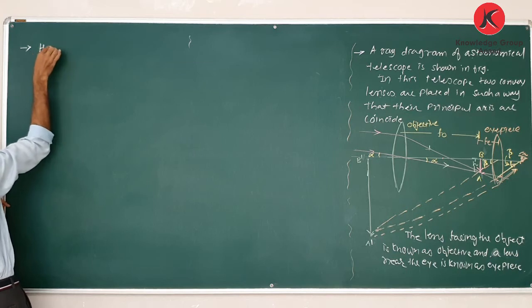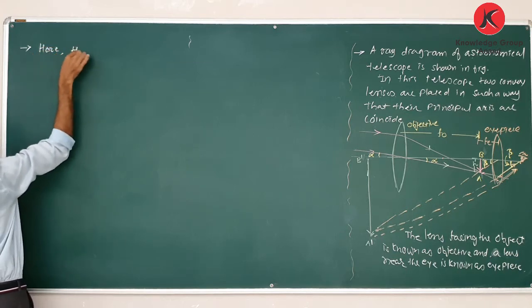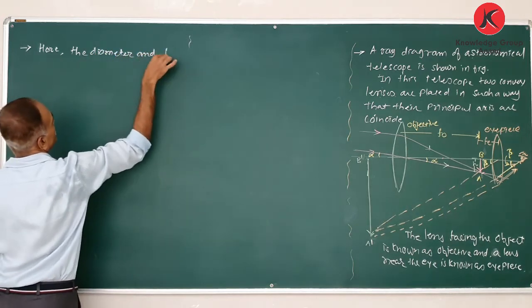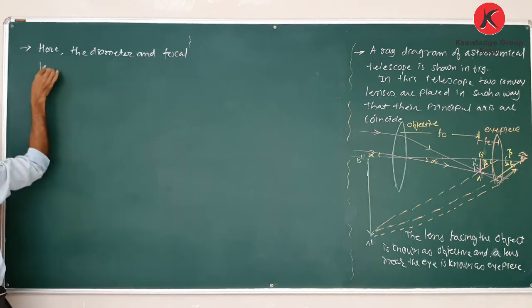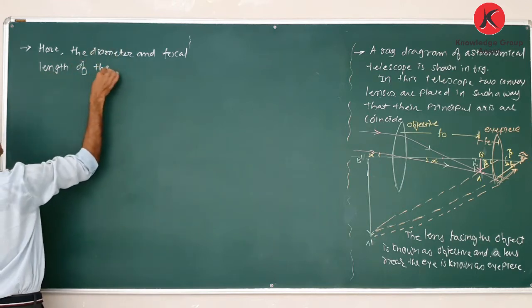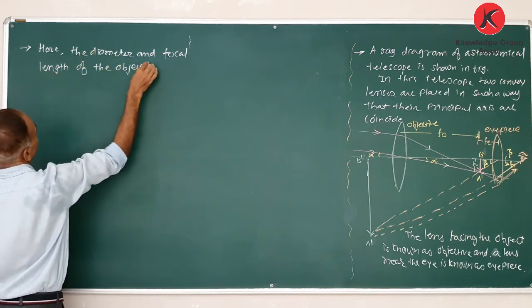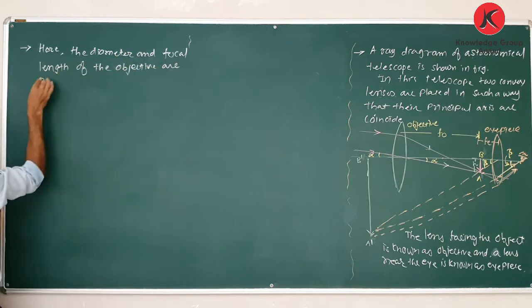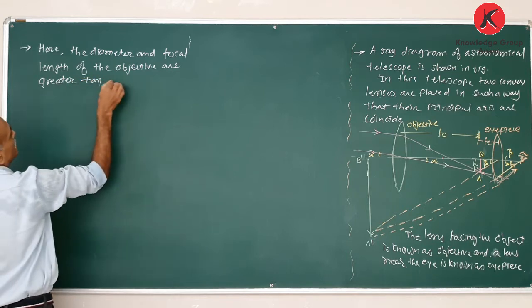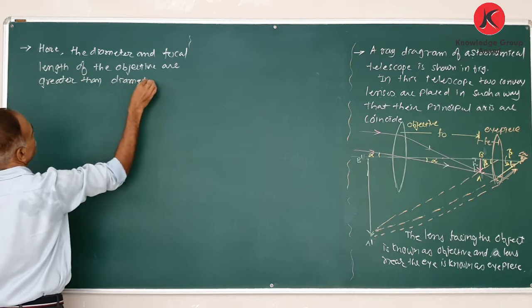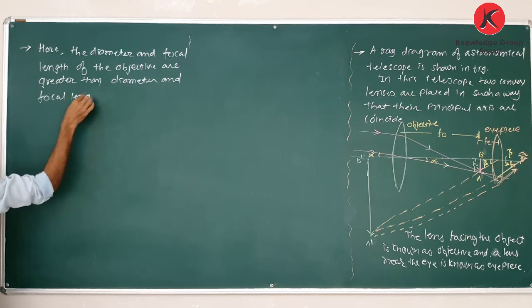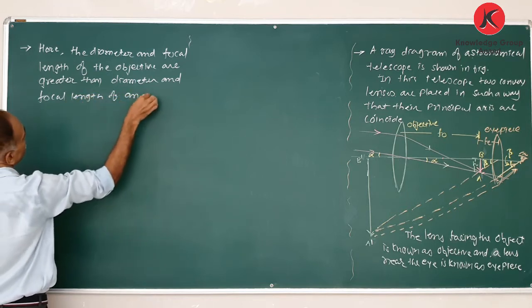Here the diameter and focal length of the objective are greater than the diameter and focal length of the eyepiece.